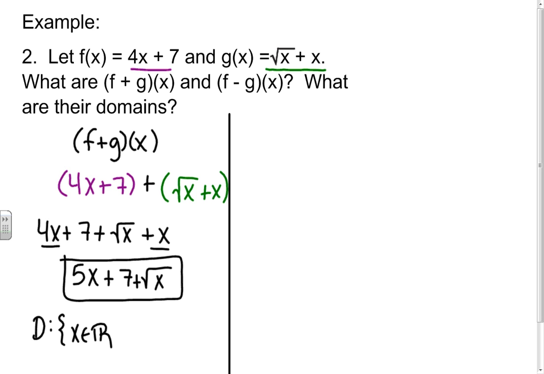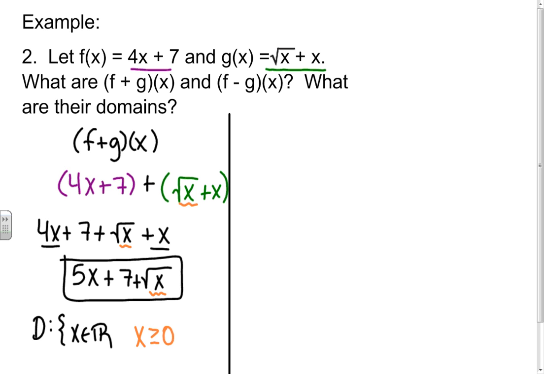Here, we don't have any division, but we do have a radicand, a square root, and it's right here. It also occurs here and here. They're all the same, though. So what you want to do, because I need that to be positive or 0, is you take that radicand, whatever it happens to be, this one happens to be an x, and you set it greater than or equal to 0.